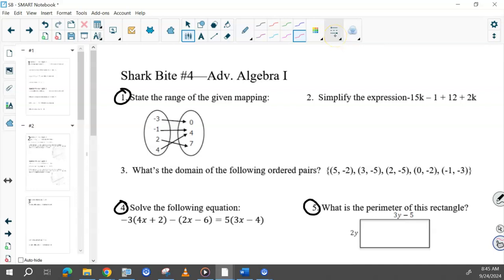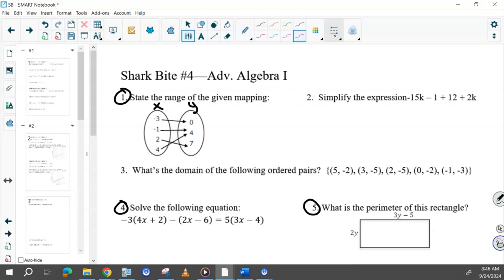Now, we haven't talked about this type of mapping, but once I show you how to read it, then finding the range will be easy. So on the left is all your x values, on the right is all your y values. So if we were looking for ordered pairs, you would look at the arrow, this x goes with this y, you would write that as an ordered pair. But I'm not looking for that part.